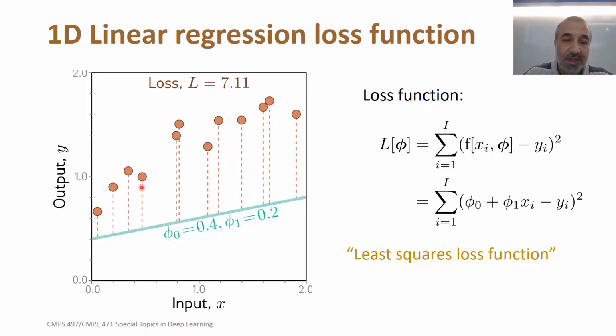So the dotted line here is the difference for that point. For every point you see, there's a dotted line that indicates the difference between the actual value from the training data and the predicted value. And we square each of these.